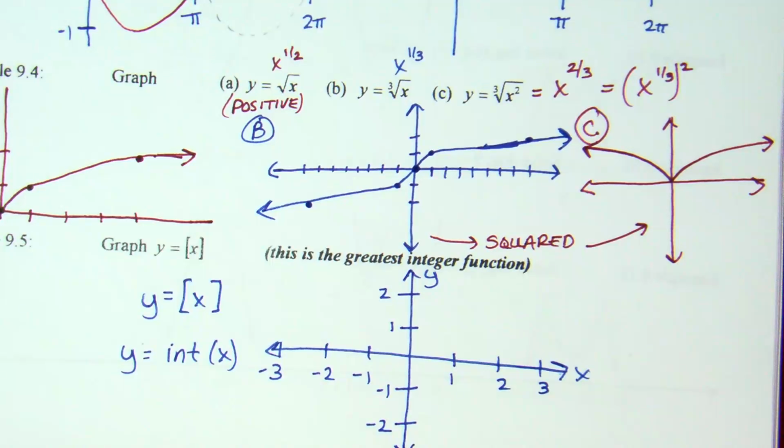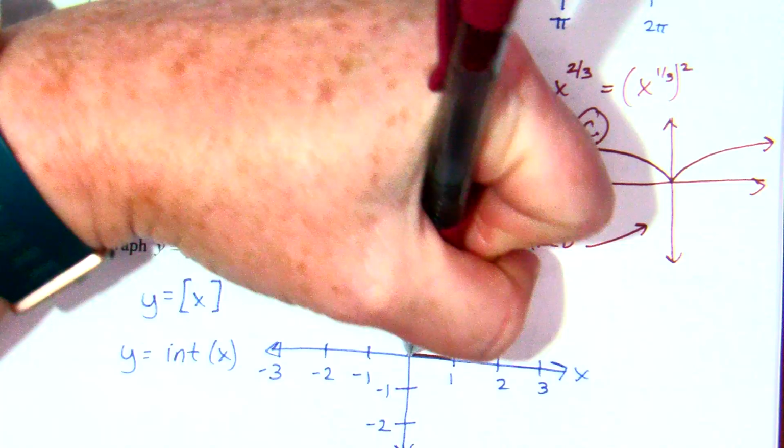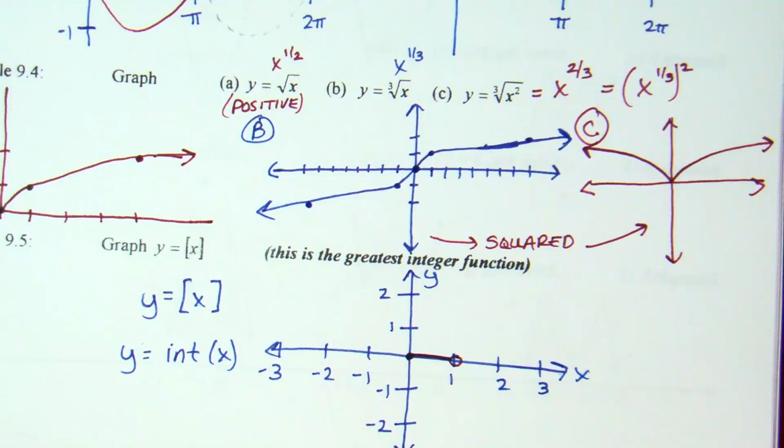The key is, if you know one piece of these stairs, you can draw them all, right? So the piece I'll give you goes from 0, 0 to 1, 1. It has a closed circle at 0, 0, an open circle at 1, 0.